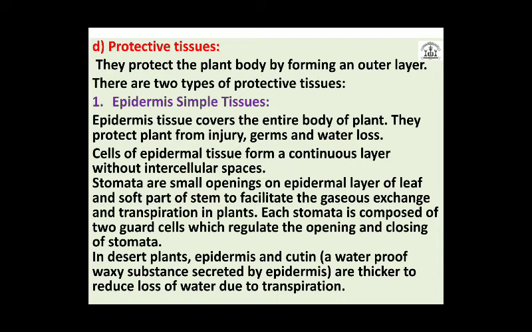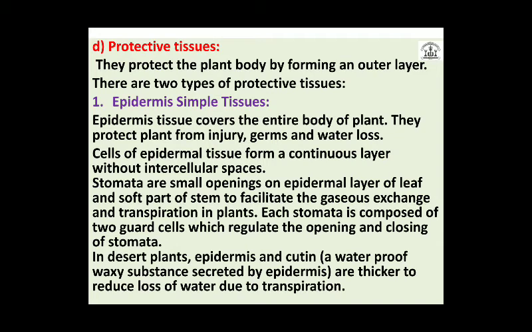So just like that, even the plants and trees also have skin. That skin part is nothing but epidermis. So epidermis tissue covers the entire plant body, and these cells in epidermis are similar in structure to parenchyma.